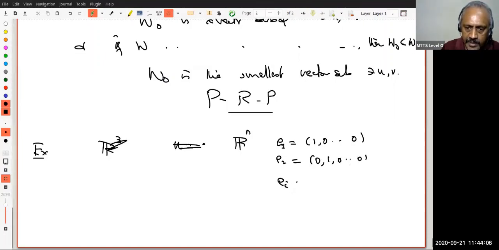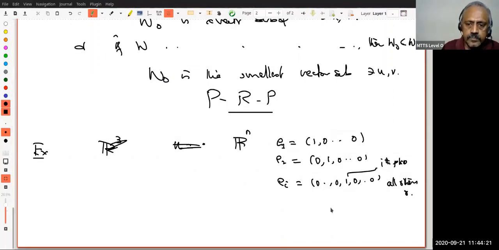So what will be Ei? Ei will be 0, 0, 0, 1, 0, 0, where the 1 is at the ith place. The ith coordinate will be 1, all other coordinates are 0. This will be used.